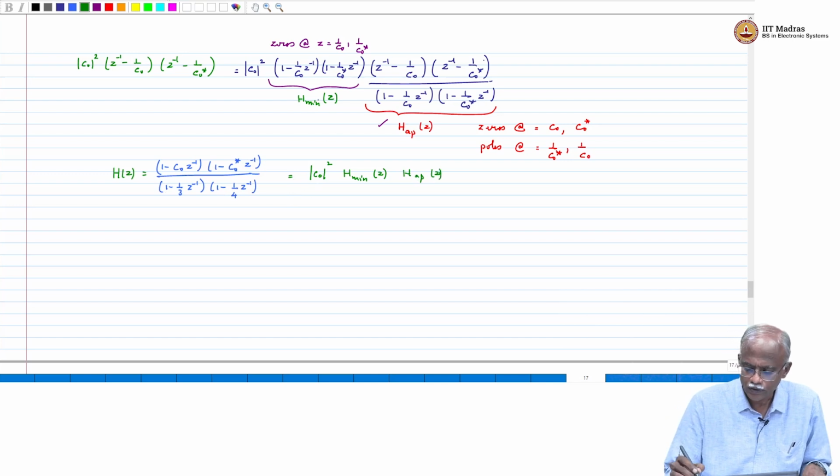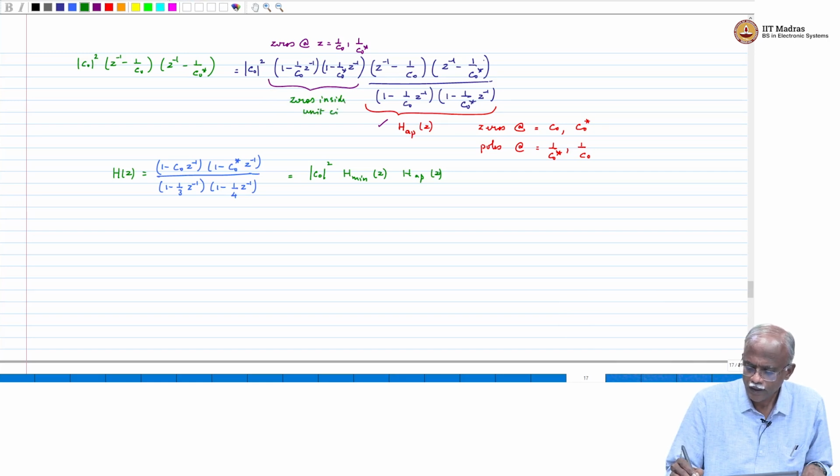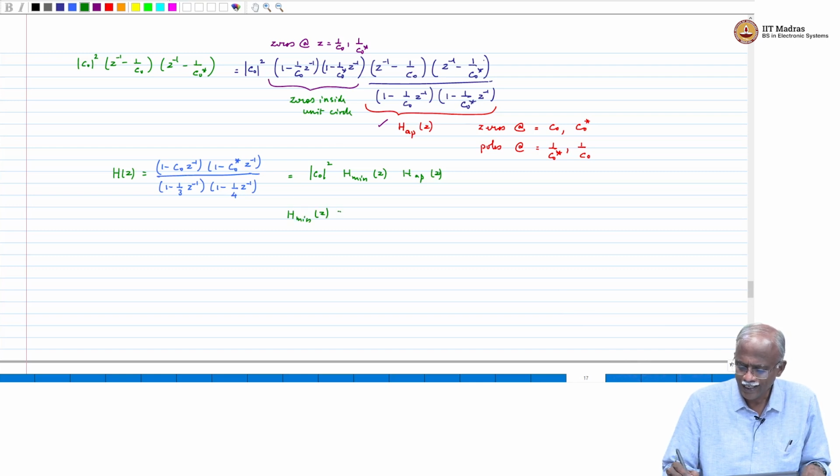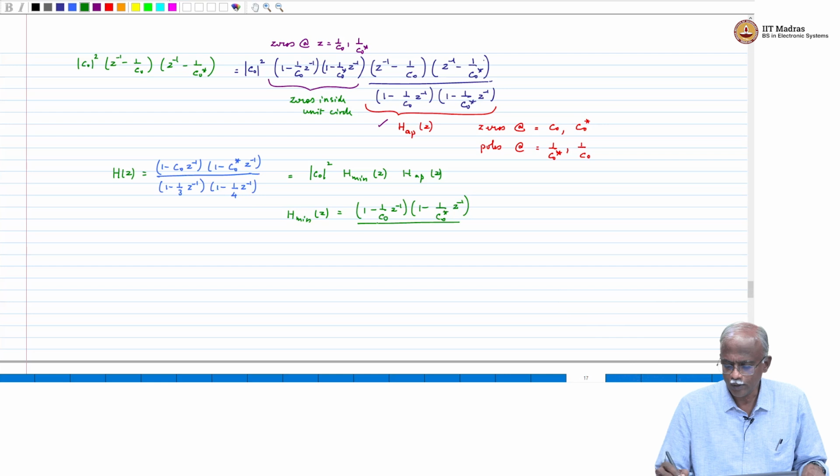So this has got zeros inside the unit circle. And so what will H min of Z be? H min of Z will be this numerator, 1 minus 1 by C naught Z inverse, 1 minus 1 by C naught conjugate Z inverse, divided by the original denominator, 1 minus 1/3 Z inverse, 1 minus 1/4 Z inverse.